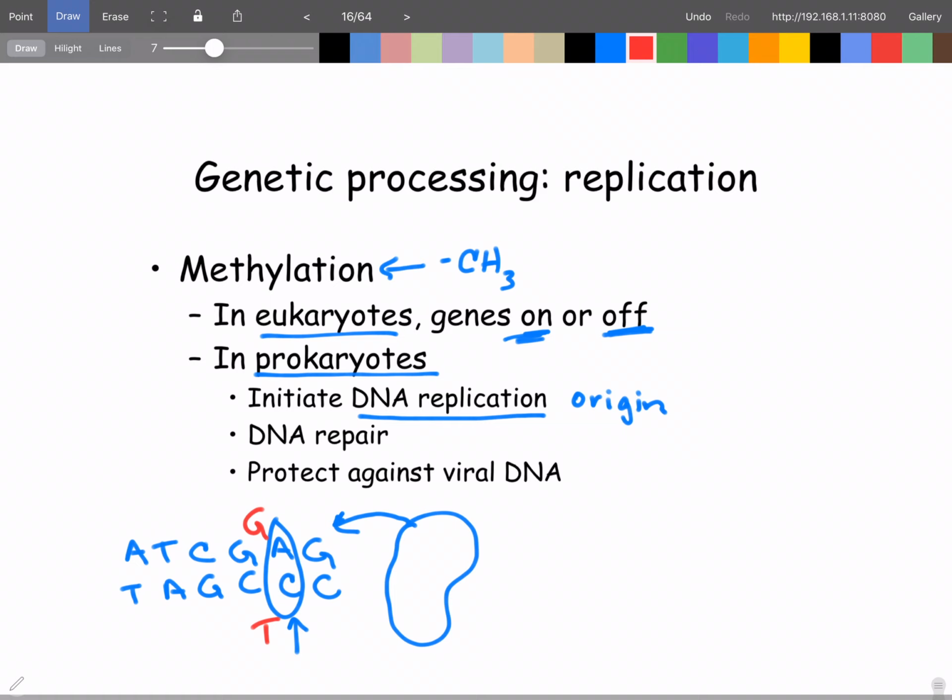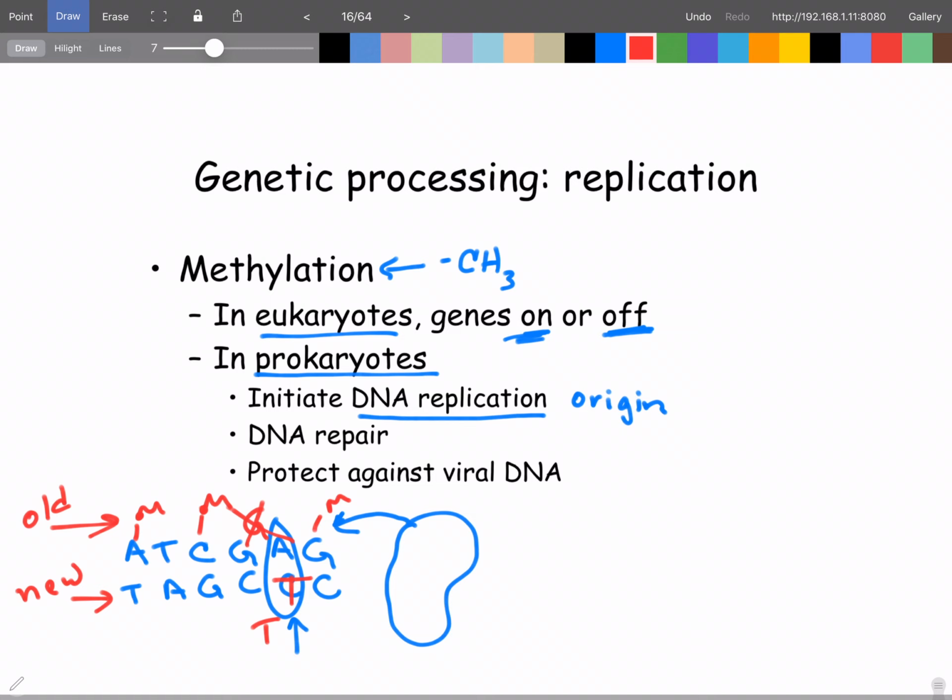Well, these repair enzymes can detect methylation, and so the old strands of DNA might be methylated, so they'll have these methyl groups associated with them along specific sequences. And it'll know that the methylated strand is the old strand and the non-methylated strand is the new strand. Okay, and so repair enzymes will end up fixing this appropriately and putting a T here instead of a G.